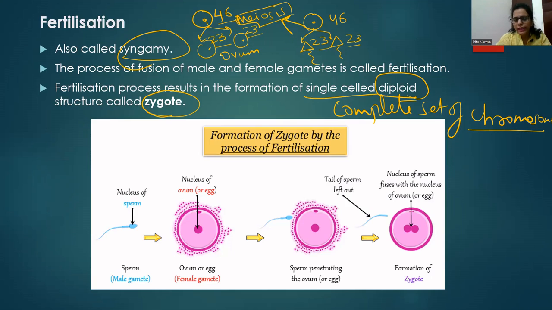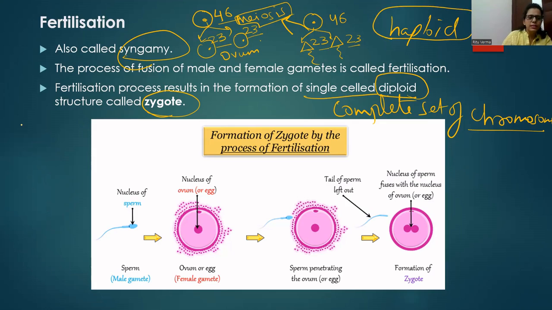Here, each ovum or each sperm, or all the gametes produced in human beings, have only half the number of chromosomes, or a half set of chromosomes. Such cells which have only half the number of chromosomes are known as haploid cells. Haploid means half the number of chromosomes.